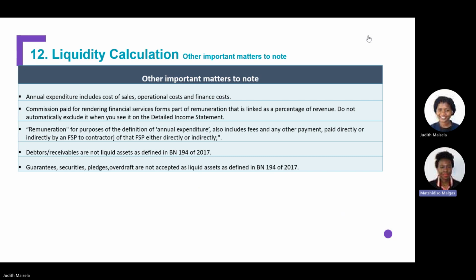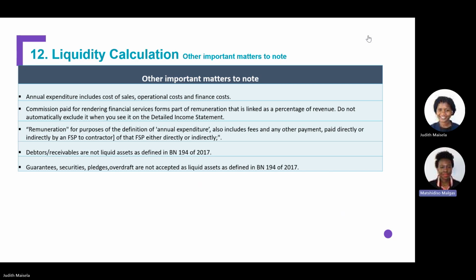What we've also observed is that FSPs include debtors or receivables as part of liquid assets. In terms of the definition of liquid assets, it is specific that debtors are not included there. They are not liquid assets as defined in Board Notice 194 of 2017, so should not be added as liquid assets.